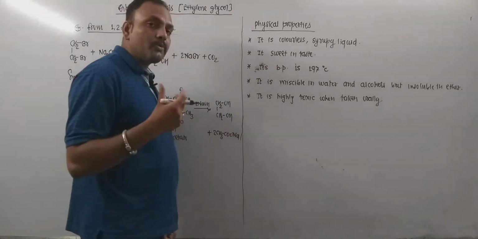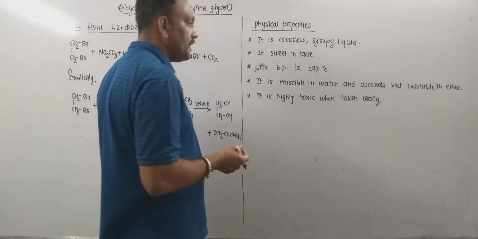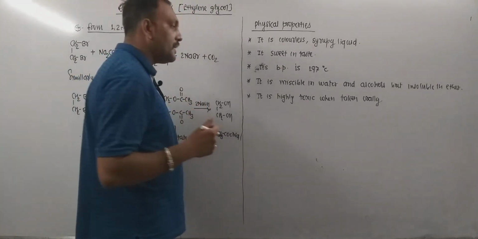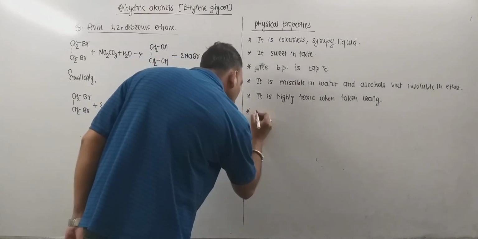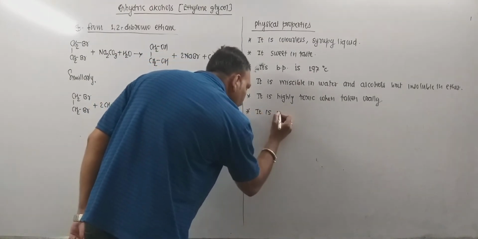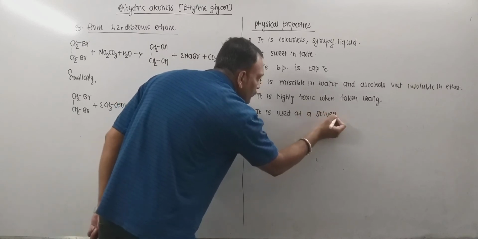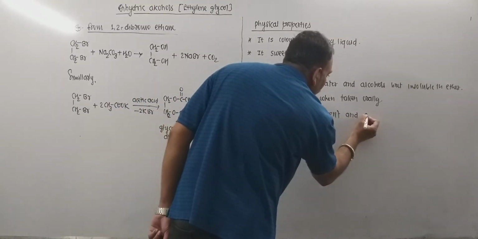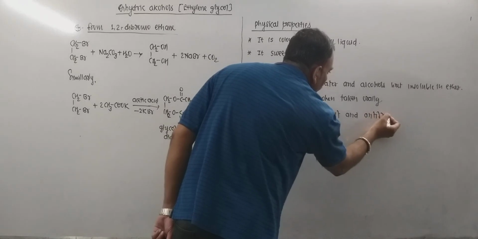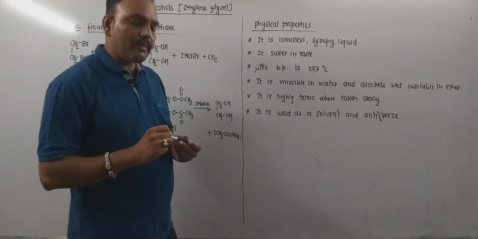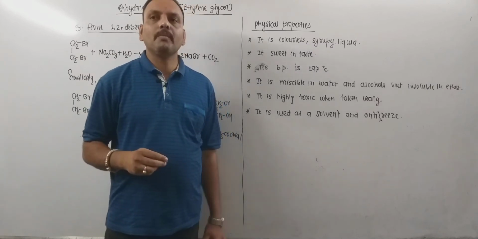And remember, due to solvent property, it is used as a potential solvent and antifreeze in radiators also. So it is used as a solvent and antifreeze in automobile radiator. So these are some of the physical properties of ethylene glycol.